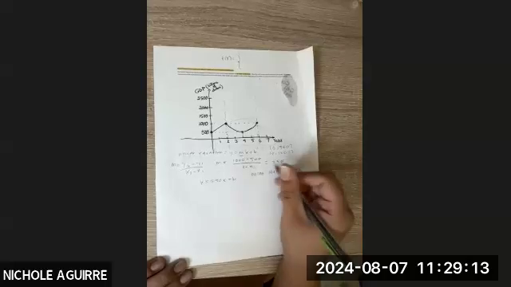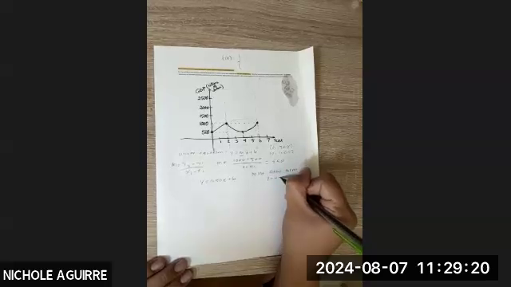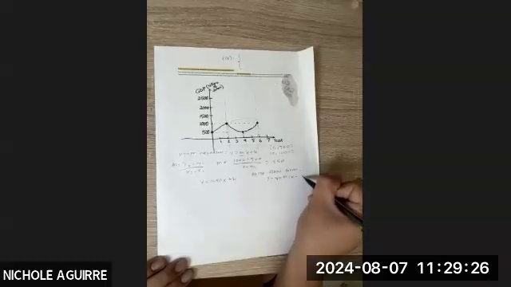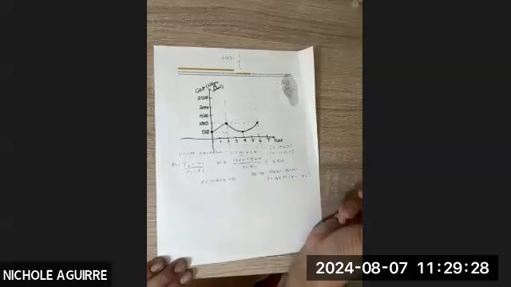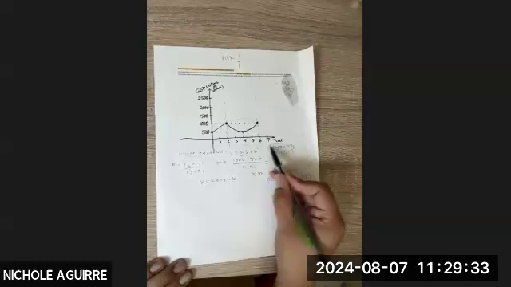Which is y minus y1 equals m times x minus x1. So if we were to input the values, we could pick any point. So I'm just going to use this one.